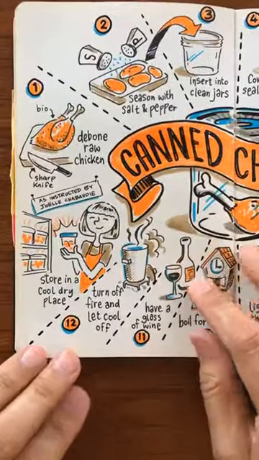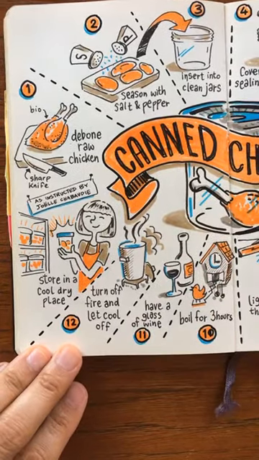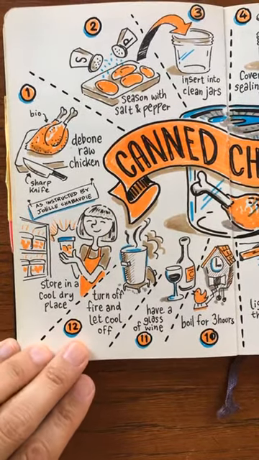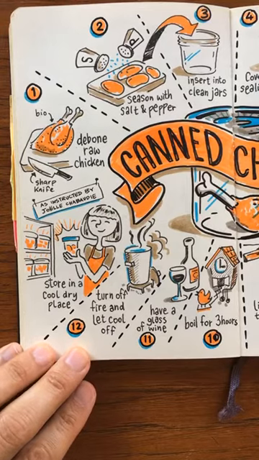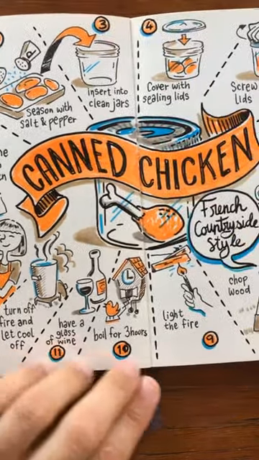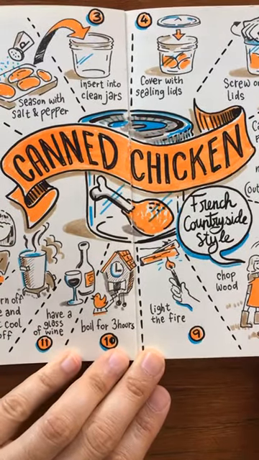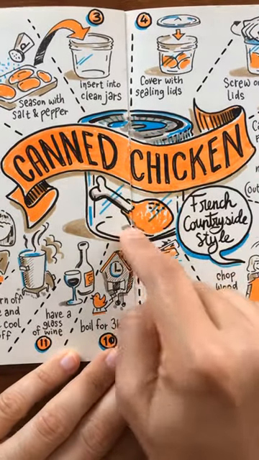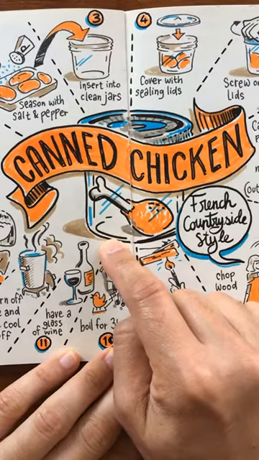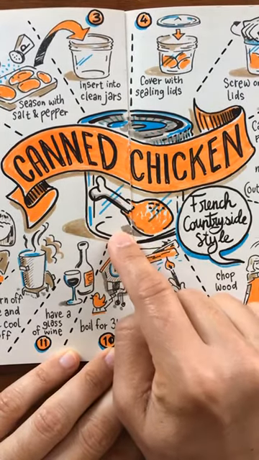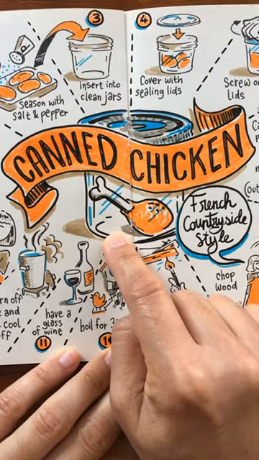Oh, and this is an old sketch note from when I was in the south of France at my partner's place. Her mom, every now and then, cans meat or vegetables that she's grown in the garden.